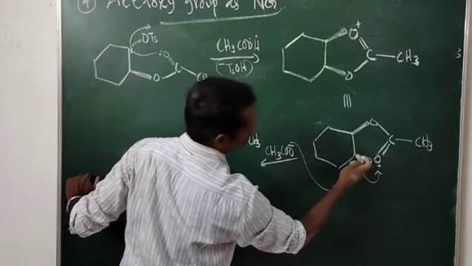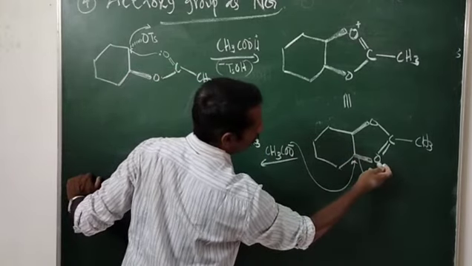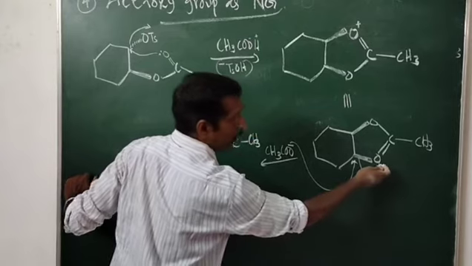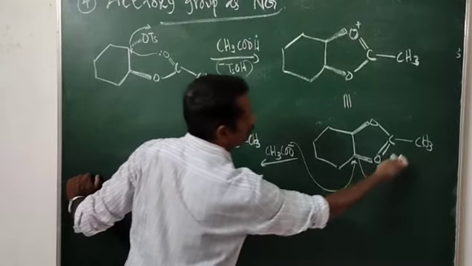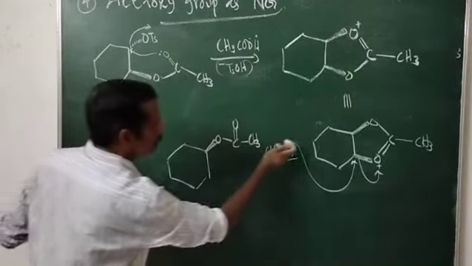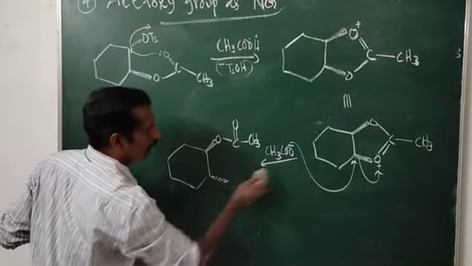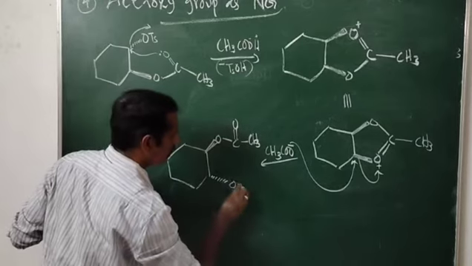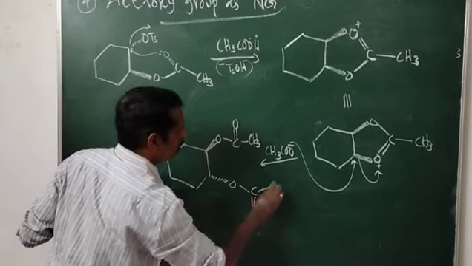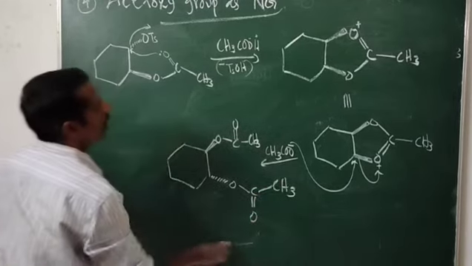Since this bond is breaking and shifting back to oxygen, oxygen is getting its lone pair electron, and this group will become free, OCOCH3. And since this is a backside attack, this bond can be shown like this. Okay, and what is attacking here? O, C double bond O, CH3. This is the final product.